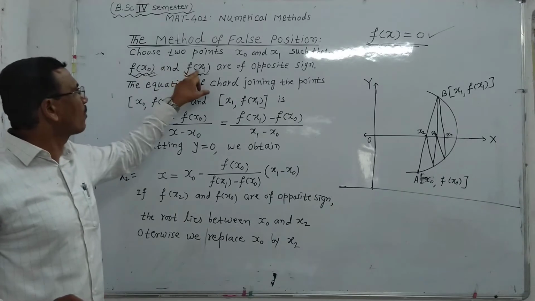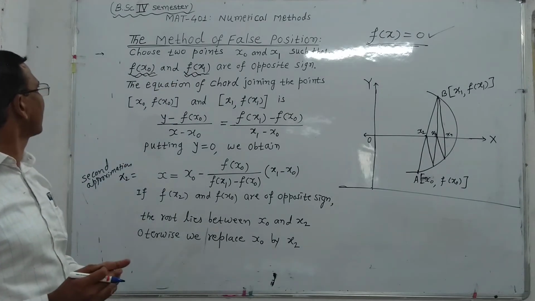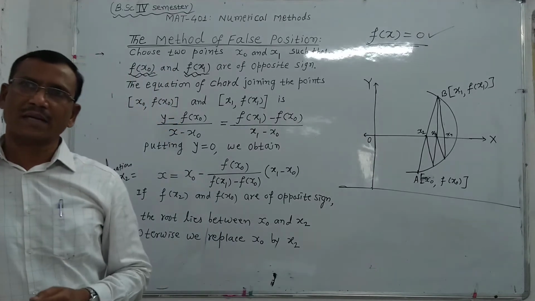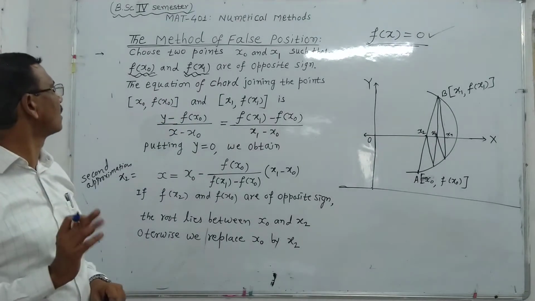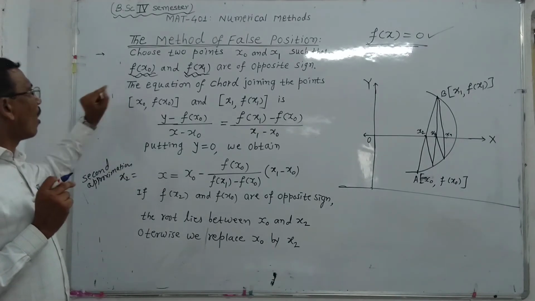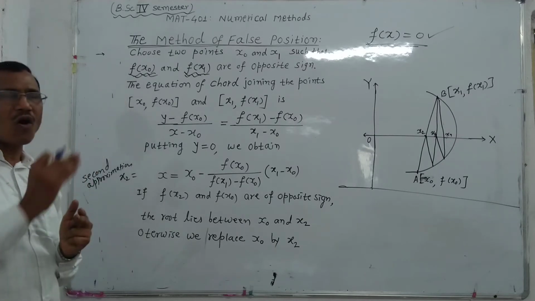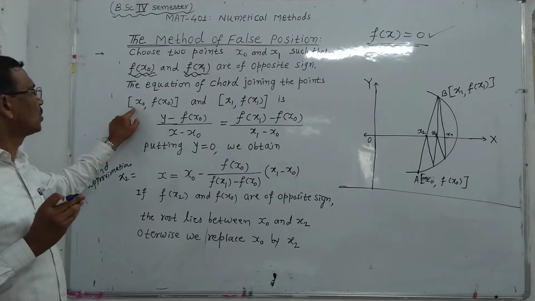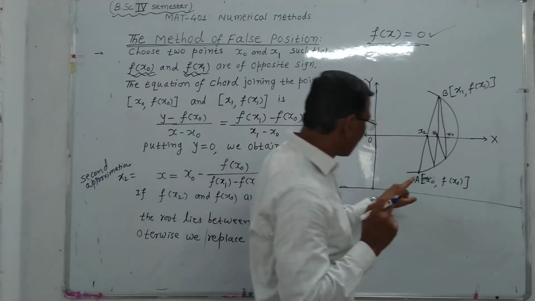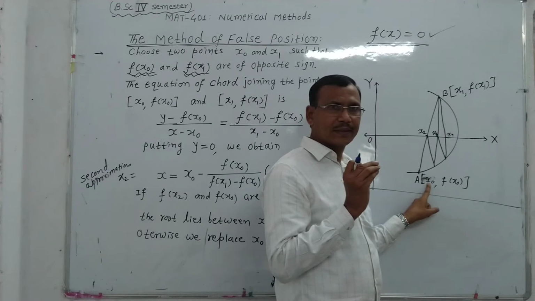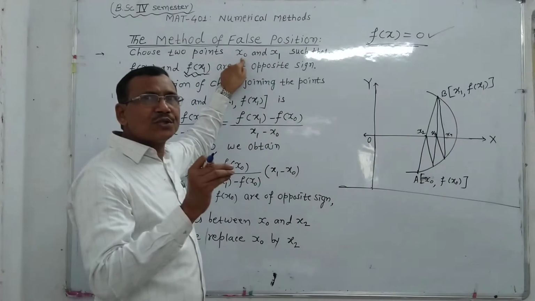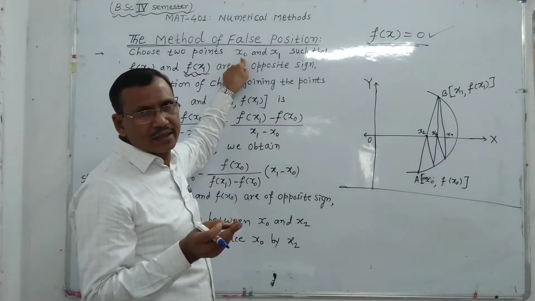If f of x0 and f of x1 have opposite signs, the root lies between x0 and x1 according to the bisection method. But in this case, we shall obtain the equation of a chord joining the points x0, f of x0 and x1, f of x1. If this is x0, then f of x0 is the y coordinate.